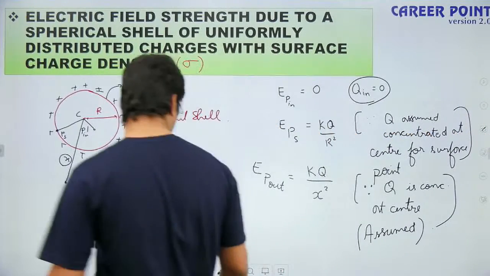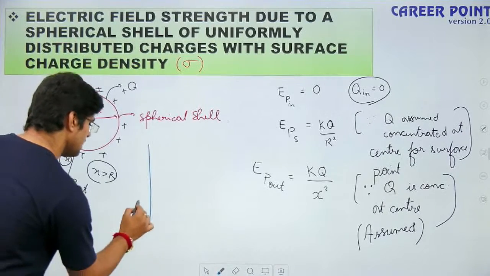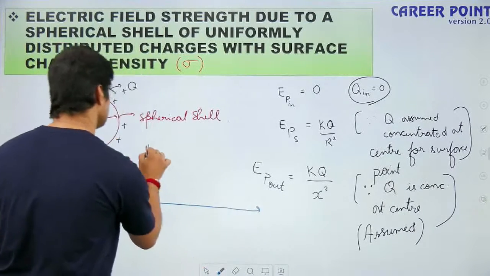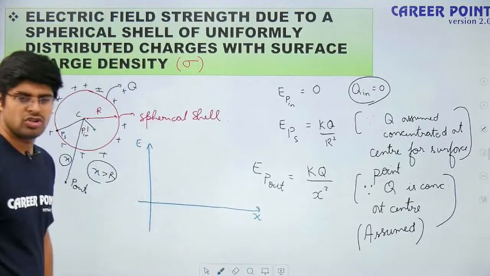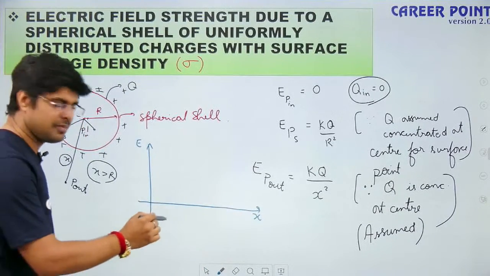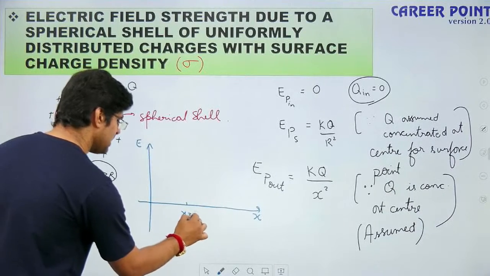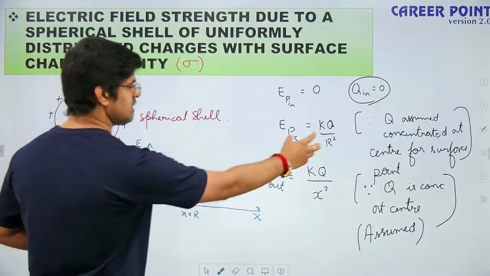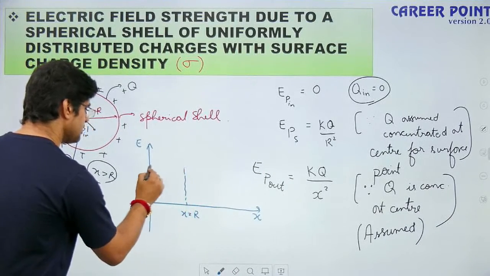Okay, so if this is the case, how are we supposed to make the graph between electric field and the distance x? Here I suggest you put x equal to capital R, because that will tell us about the electric field at the surface point.